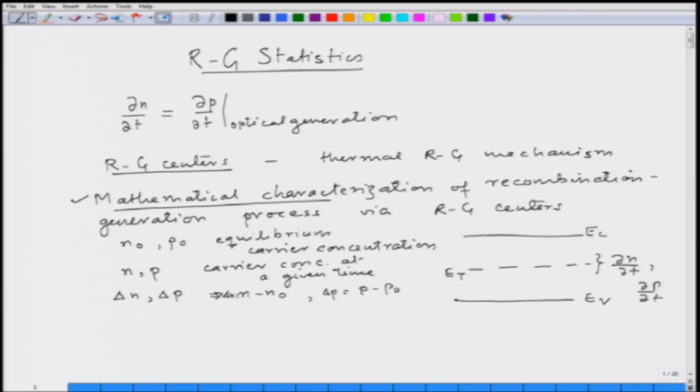We further define, because we have put in these R-G centers, which are the mid gap states, capital N t as the total number of R-G centers in the semiconductor.